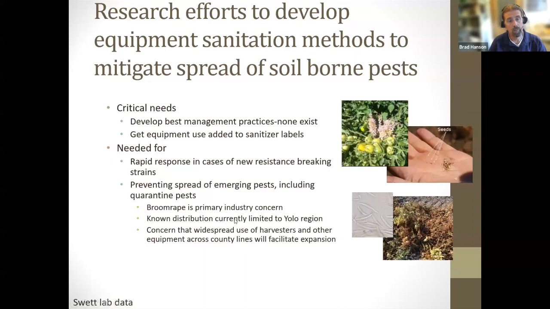The distribution mostly is limited to the Yolo County region, mostly Yolo County and a few reports in nearby counties. But the concern is that harvesters, trucks, and trailers are potential vectors for long distance transport throughout the tomato industry in California. So what we're trying to do is help growers and processors develop best management practices to sanitize farm equipment. This is not something that has really been done in the recent past.